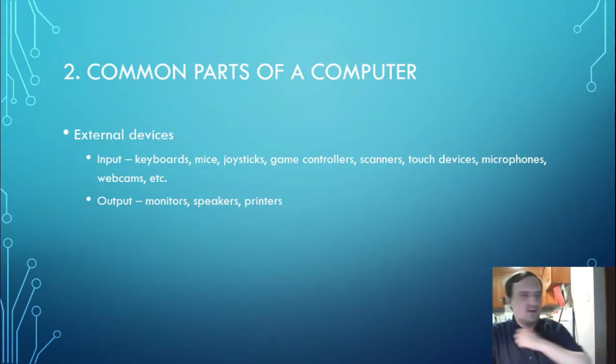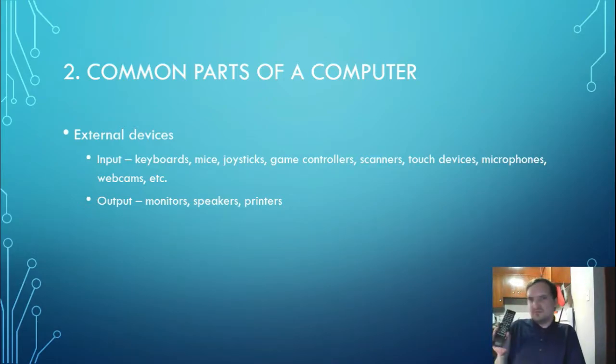I use a printer over there to print stuff out all the time. Those are common external output devices of a computer. Oh, and for TVs, you consider the remote as an input device too, because smart TVs also exist. Don't forget.